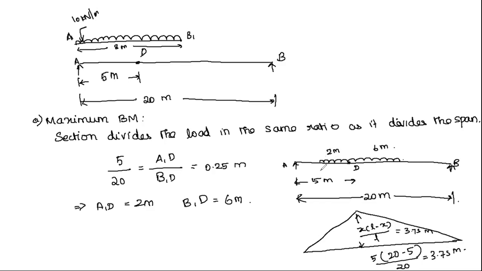So we have to find out the ordinate for the ends. We have to find out the ordinate here and the ordinate here, and we have to find the area. So ordinate under A1, let the ends of UDL be A1 and B1.